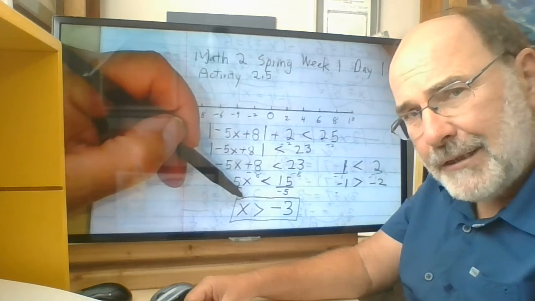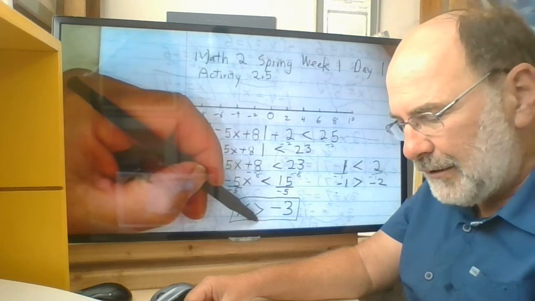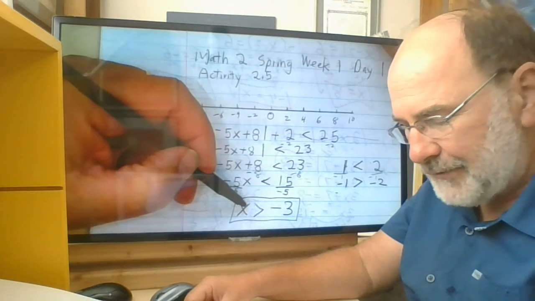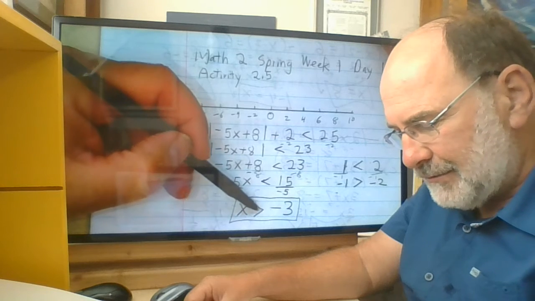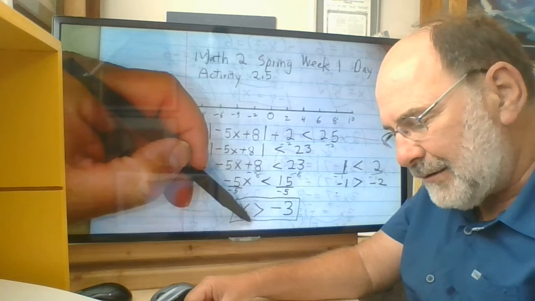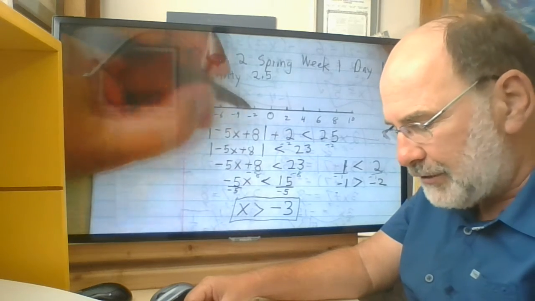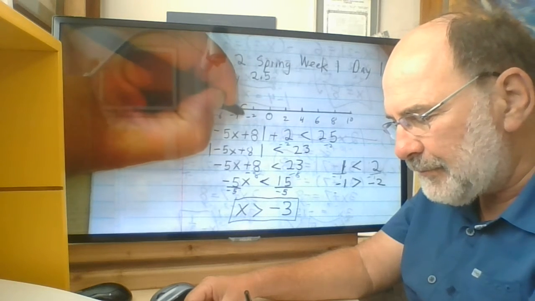In a compound inequality, if this were greater than or equal to, I would represent that with a filled in circle at x equals -3. But this says strictly greater than, so I represent that with an open circle at the location of x equals -3.